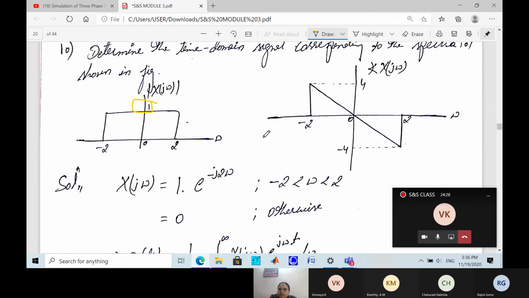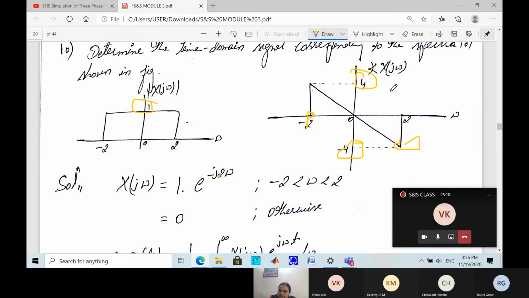Then what about the phase? The maximum limit at -2 to +2, here it is 4 at maximum value. Therefore what you have to go for is e power minus j, here omega is 2, and when you multiply with some factor, omega is already 2 and the maximum limit is 4.